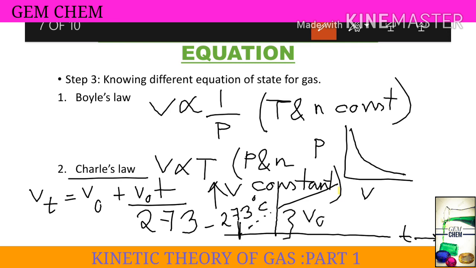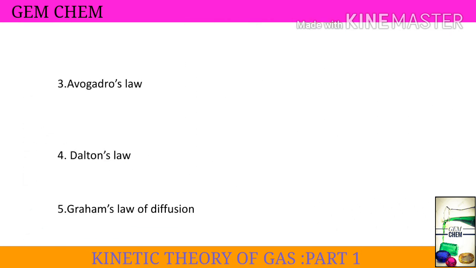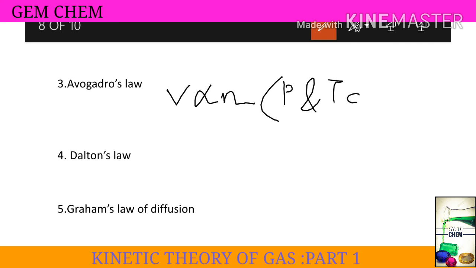Now we come to Avogadro's law. Avogadro's law states that the volume of a gas is directly proportional to the mole fraction of a gas when pressure and temperature are constant.